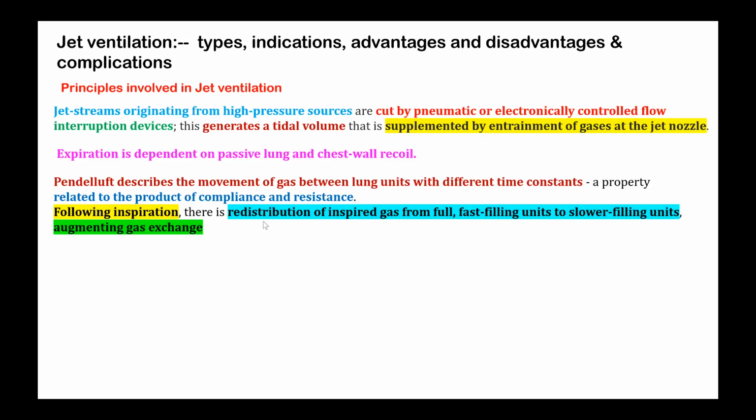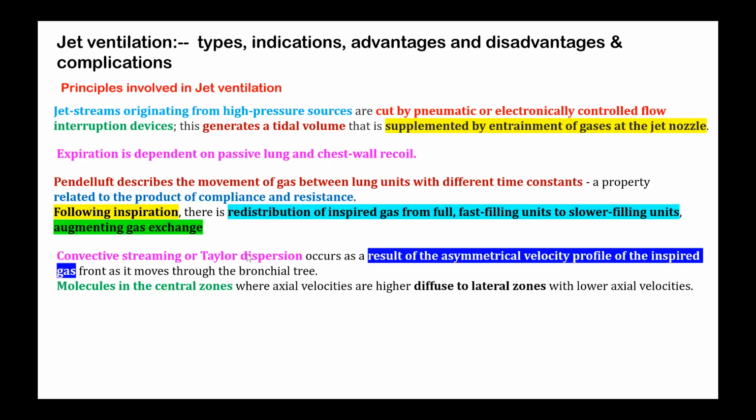Following inspiration, there is a redistribution of inspired gas from very fast filling units to slower filling units, augmenting gas exchange. So all the principles we can first mention, so that they need not be repeated again and again later. These points are repeated twice in your answer. That can be avoided if you explain the principles in the beginning itself.